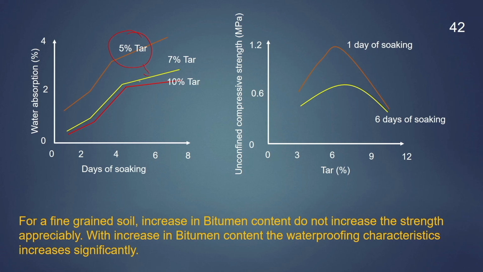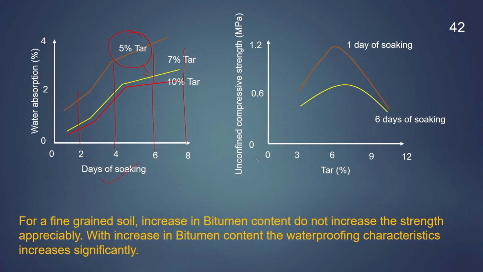Since the tar will coat the soil with an impermeable layer, the water absorption capacity of the tar treated soil will be decreased. We could see here, even after different days of soaking in water, the water absorption capacity of soil treated with different amounts of tar will be different. Higher is the tar content, lower will be the water absorption capacity for any days of soaking.